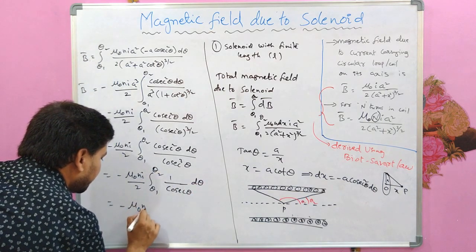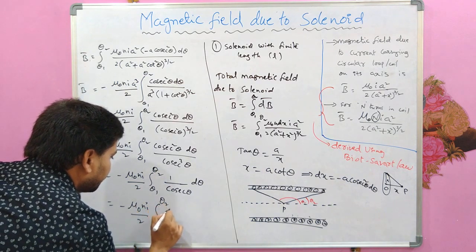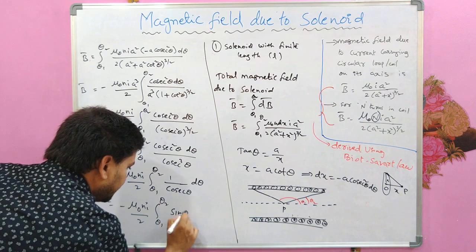Minus mu naught n I by 2, theta 1 to theta 2, sin theta d theta.